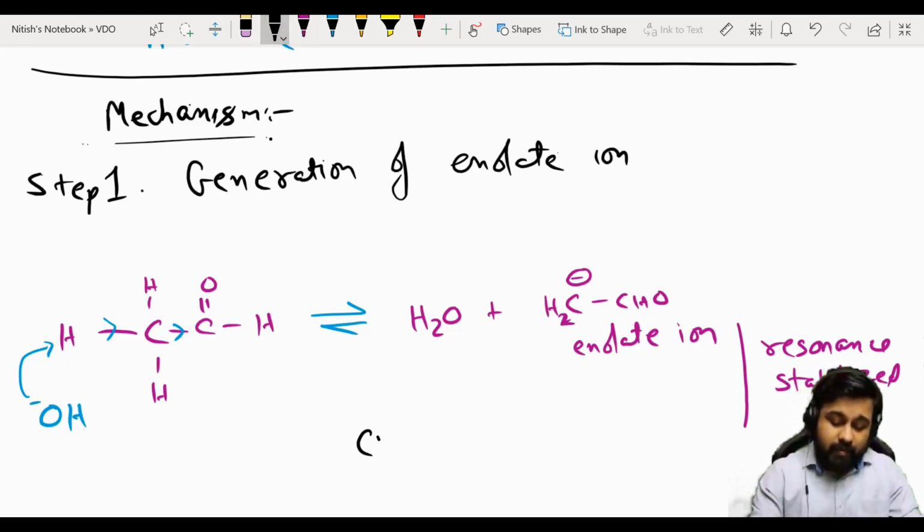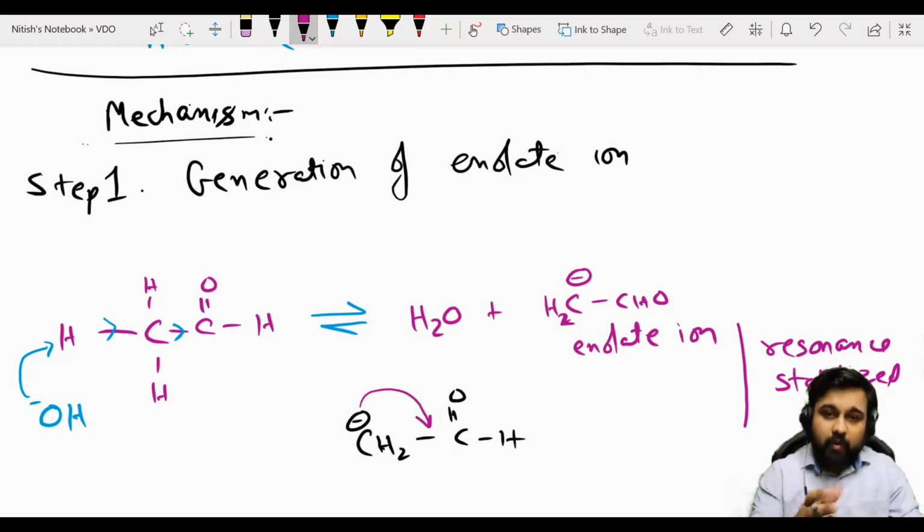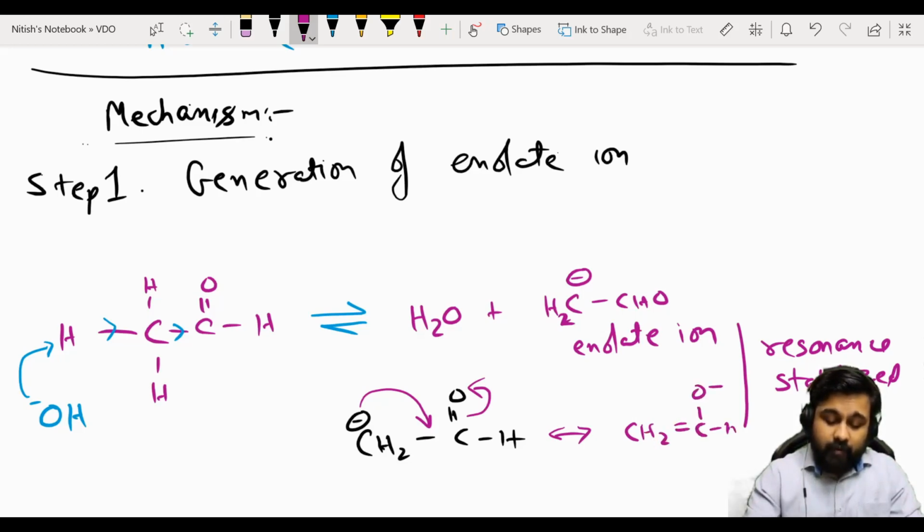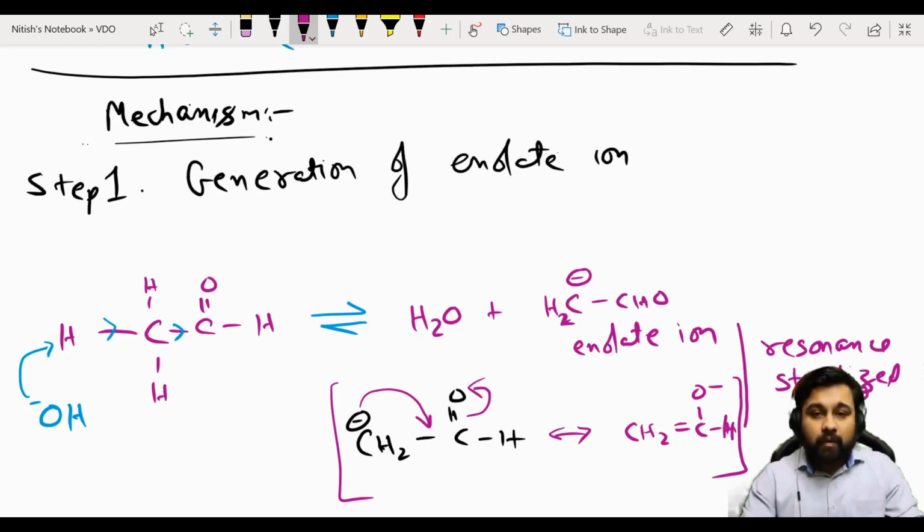How do we say it is resonance stabilized? The negative charge on the carbon next to CHO, these electrons go towards the next carbon, and the carbon pushes the pi bond electrons back to the oxygen. So it forms CH2 double bond C, O negative, H. So here we can say it is having resonance, and since it is showing resonance, we say this is resonance stabilized.